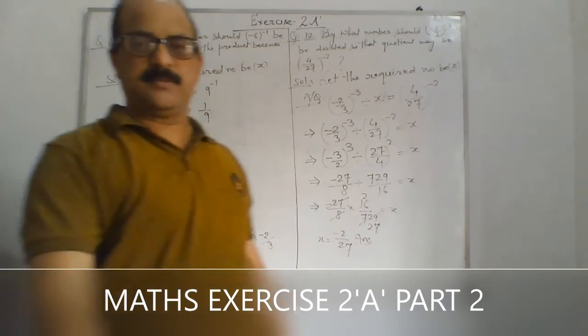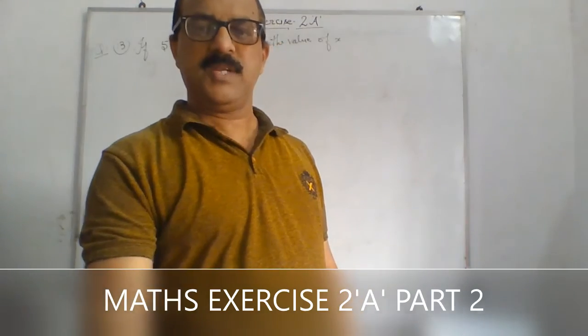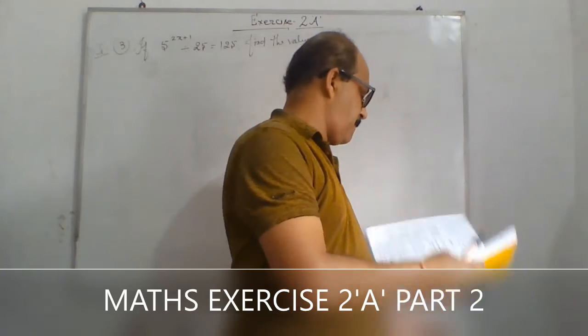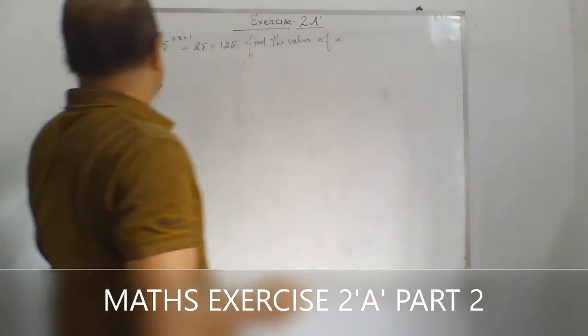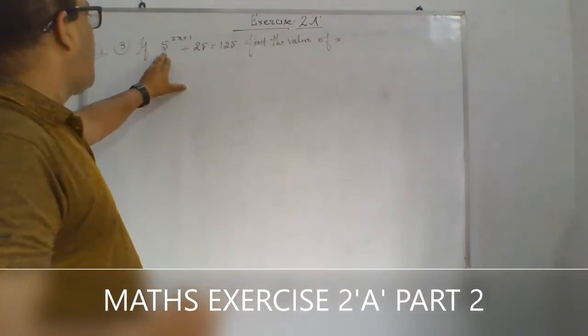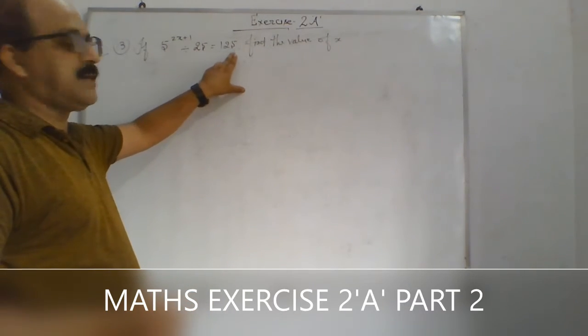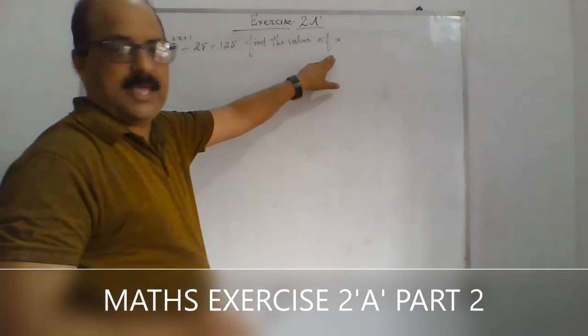And the last question of this chapter is written here. If 5^(2x+1) divided by 25 is equal to 125, find the value of x.